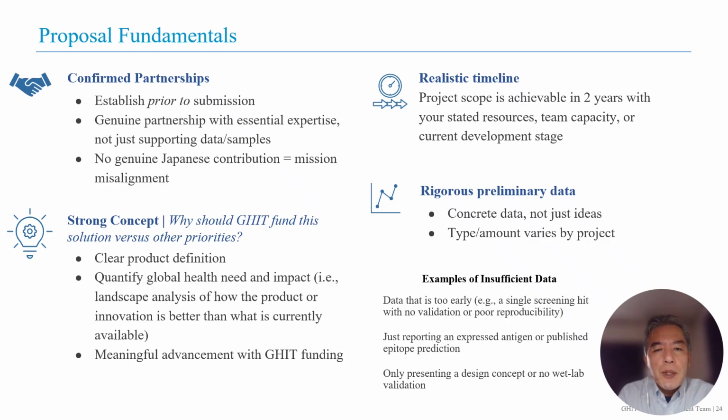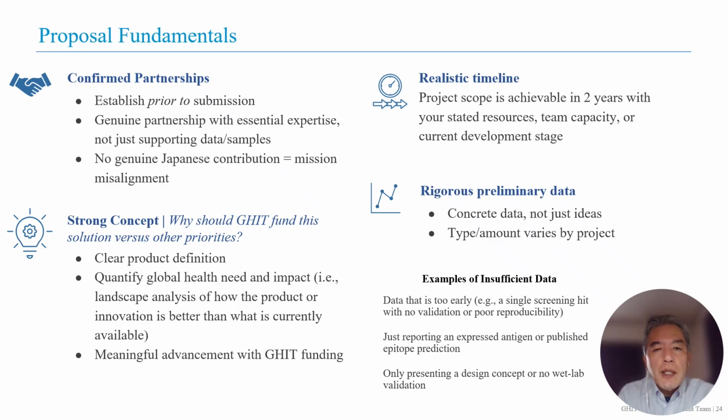Next is the project timeline. Your proposal scope must be achievable within 2 years, considering your current resources, team capacity, and development stage. Reviewers are experienced product developers. They will quickly notice if your plan is unrealistic.